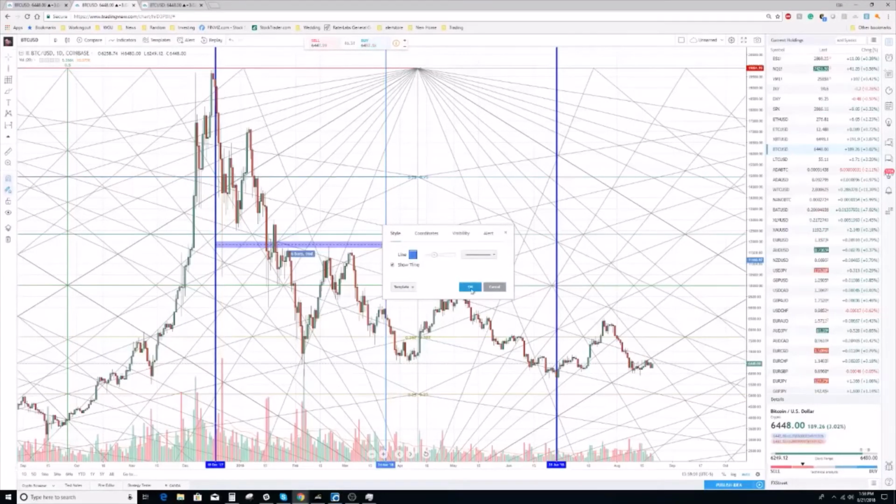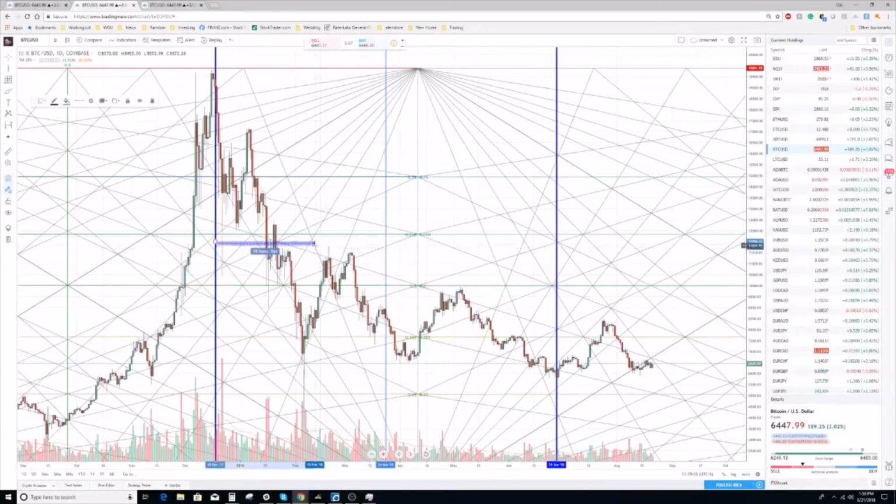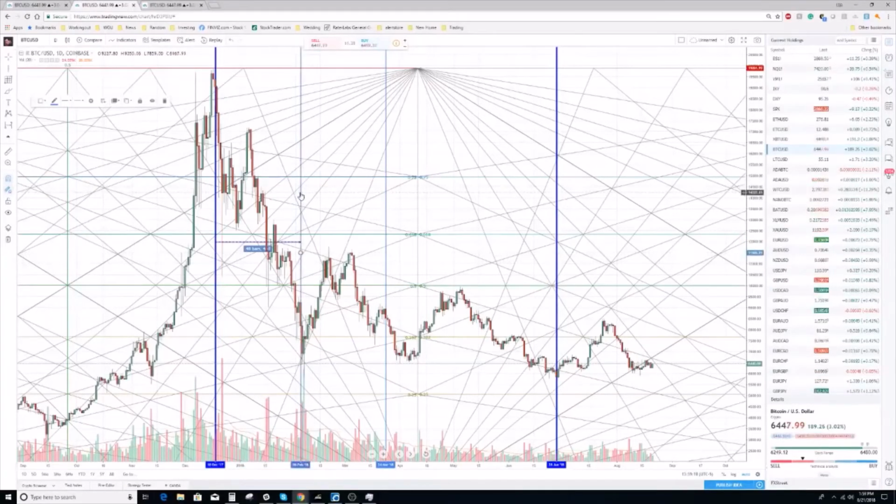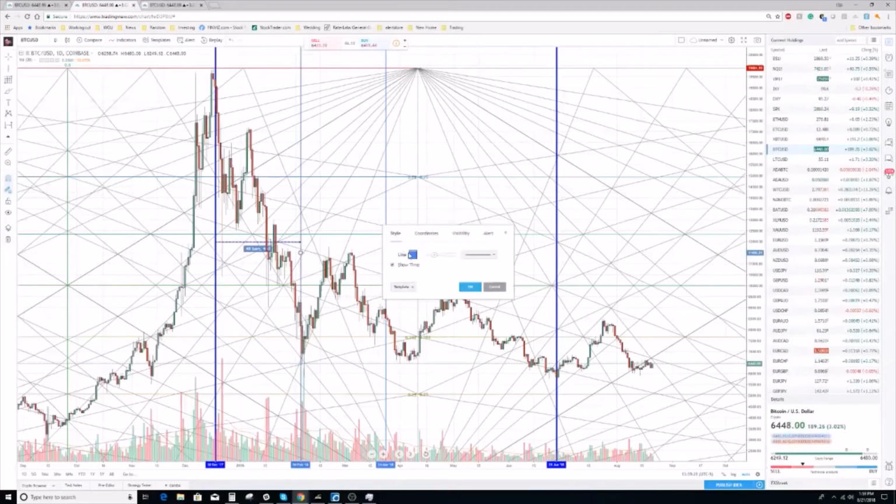That's just, you can do whatever you want to do, but that's what I do. And then, a lot of times now, I just put in the red vertical, the 48-day rotations. 48 days, this is red.